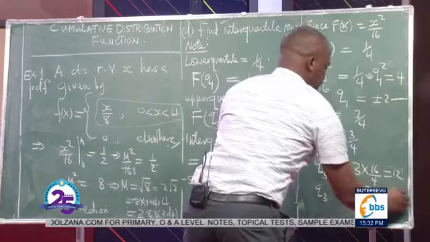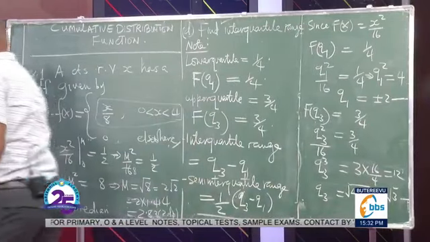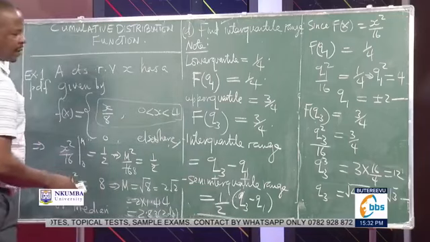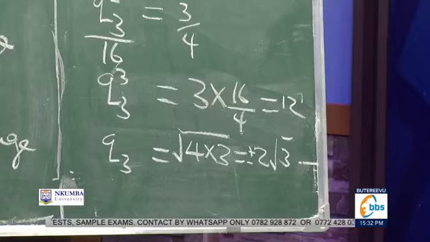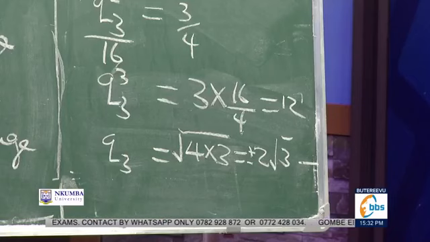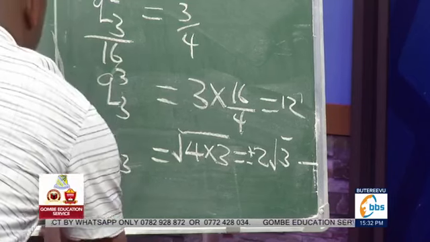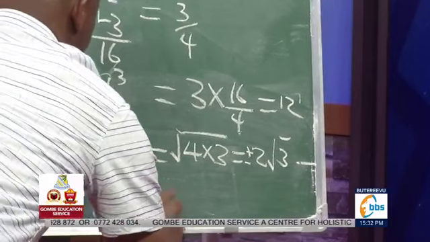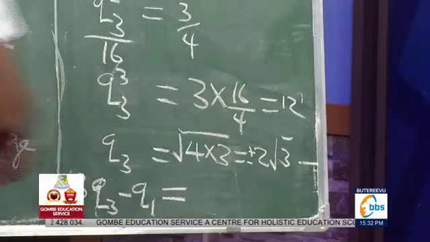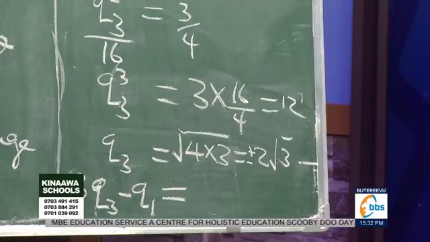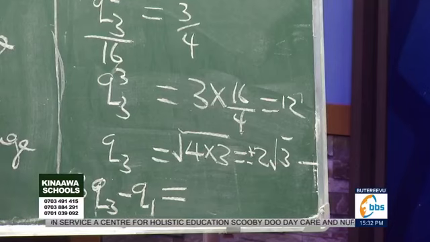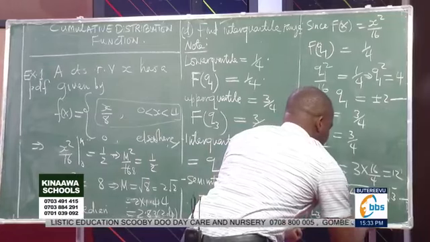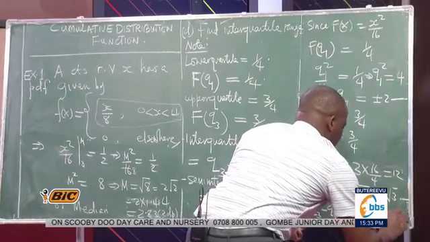We have this part and this part that we should subtract to give us the interquartile range. When you subtract, we can therefore say that Q3 minus Q1, if we subtract the two directly, we should be able to get approximately 1.5 to 2 significant figures.